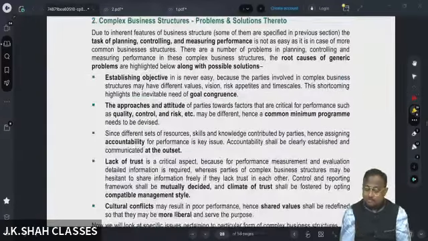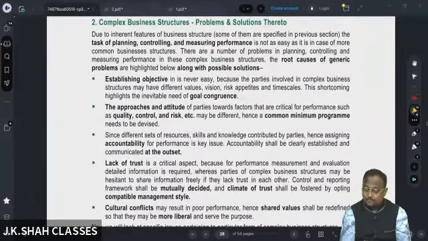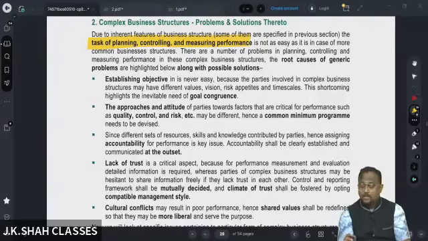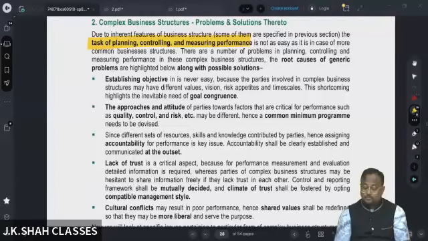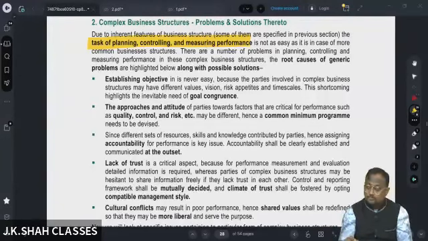So in complex business structures, what are the problems? See, the major problem faced is planning, controlling and measuring performance. When there is no specific business structure, only a complex structure, these three, planning, controlling and measuring performance, are very important aspects. So there are a number of problems in planning, controlling and measuring performance in these complex structures.